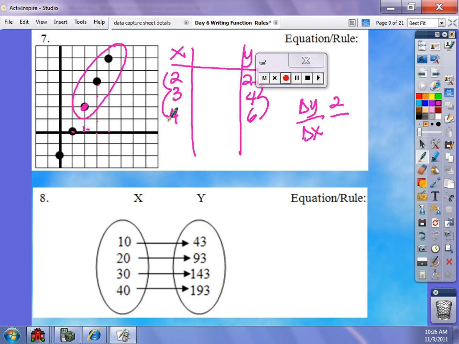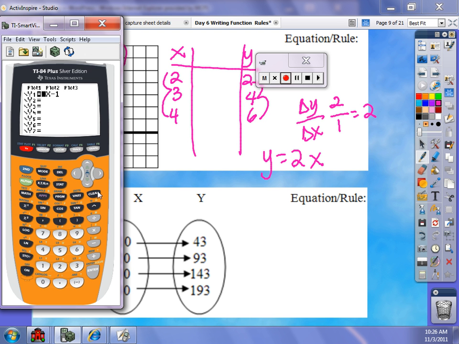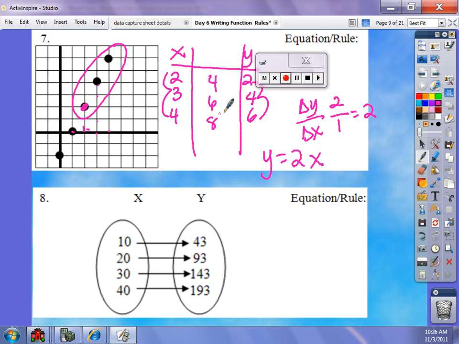The x's are changing by 1. We're going to start with y equals 2x. We're going to plug that in and test our numbers. Okay, 2 says 4, 3, 6, and this says 8. So, as you can see, this isn't right. How do I get from 8 to 6, from 6 to 4, from 4 to 2? All of those by subtracting 2.